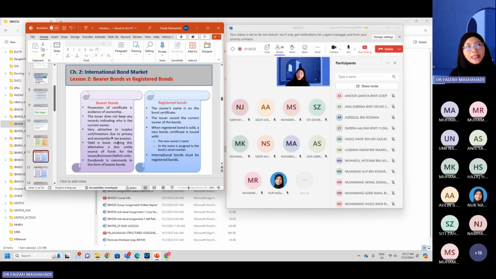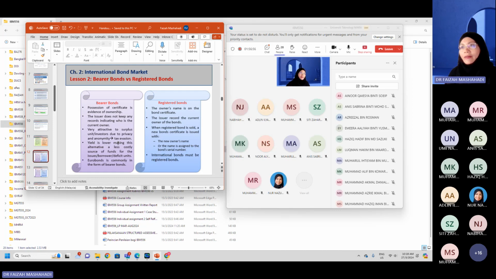For the Eurobond paper, the interest that Proton has to bear is, for instance, 3%. But for registered bond, the interest is 5%. So every year, Proton has to pay the interest, 3% and 5%, to the surplus unit.